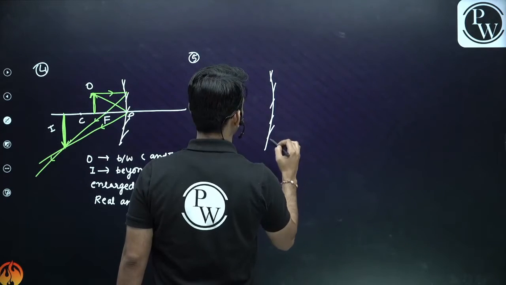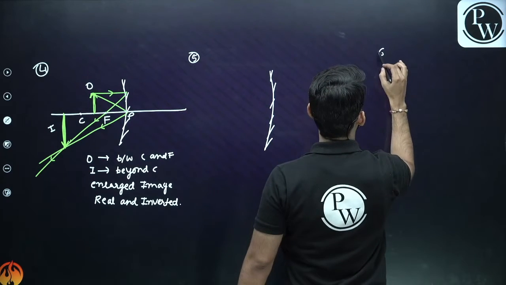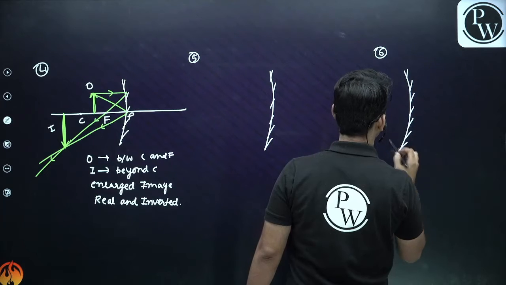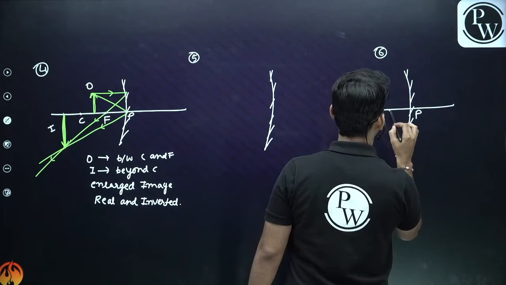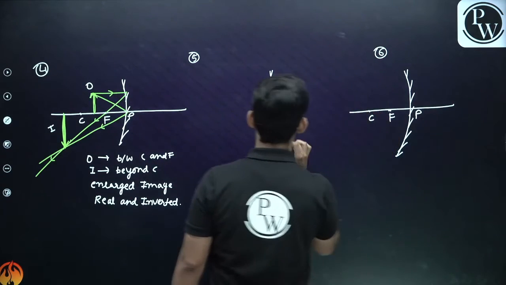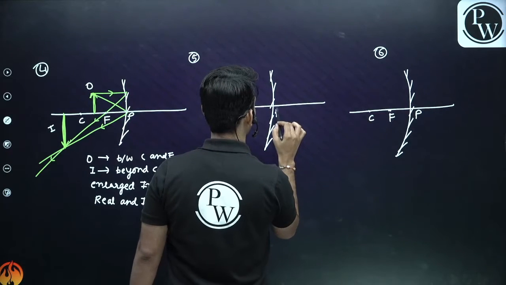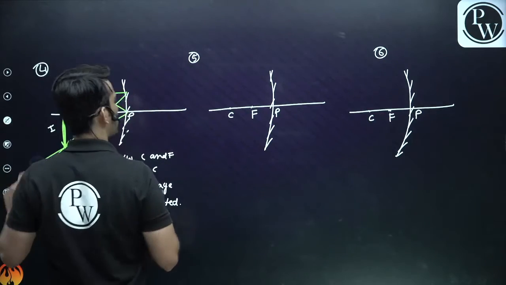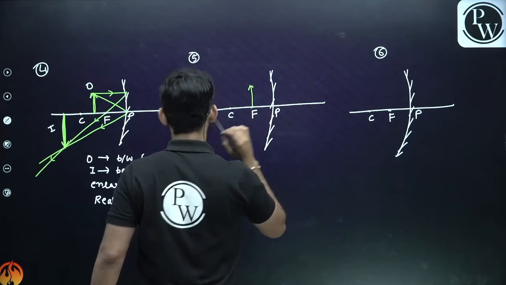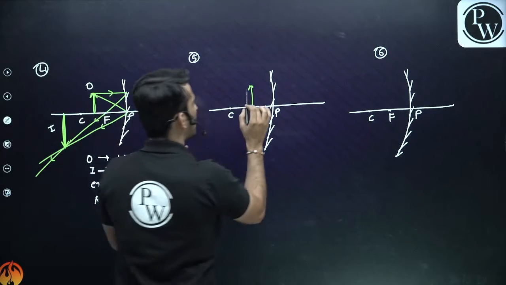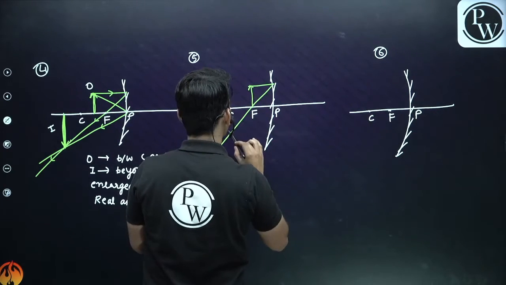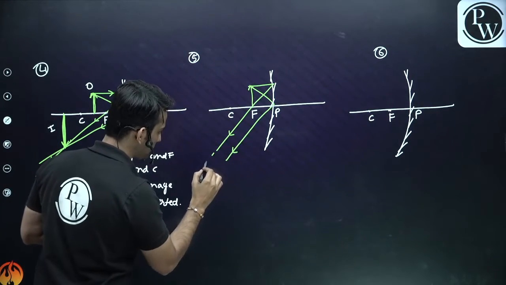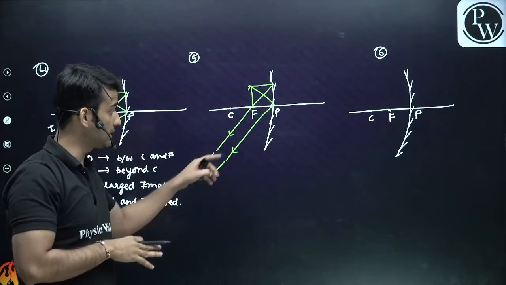Let me draw both the mirrors here, and this will be our sixth case. Clear guys? This is the pole, this is the focus, this is the center of curvature. Okay guys, clear? Now the object will be at focus, more closer to the mirror. So guys, here the ray will become like this, parallel and oblique incidence. Now guys, you can see these rays are not meeting in actual, these are parallel rays.